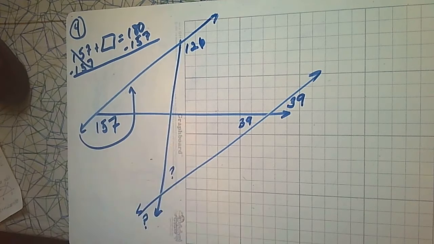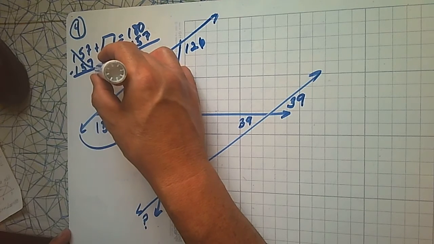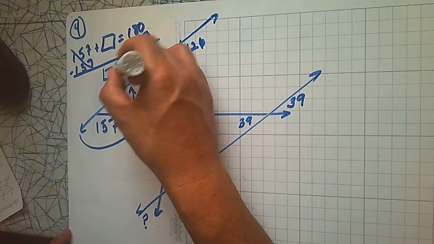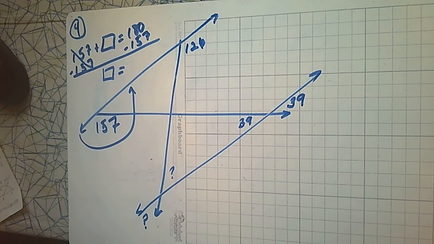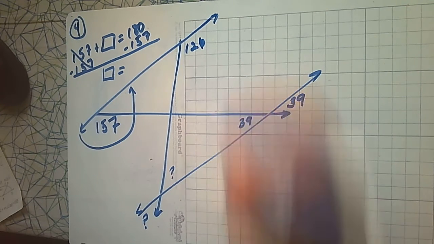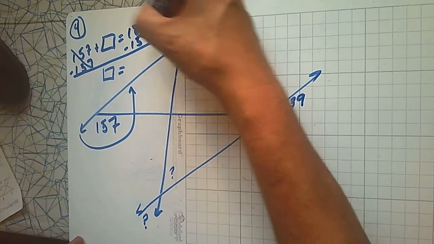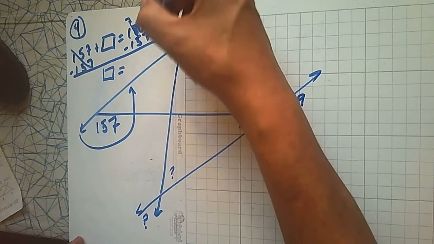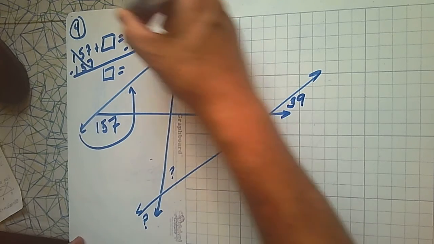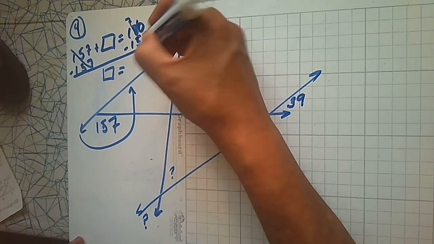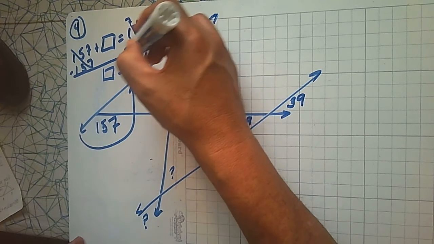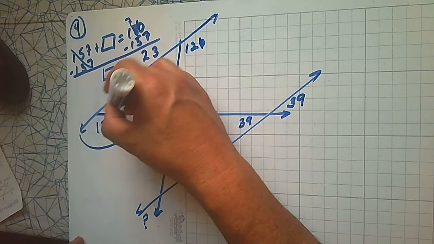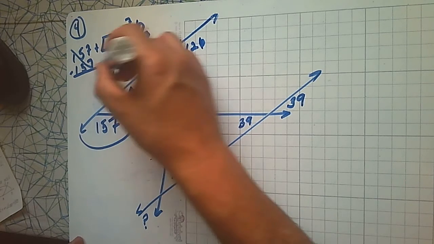These are opposites, they will cancel, so the angle that I'm looking for will be 180 minus 157. 0 minus 7, I can't do it, so I need to borrow. That'll be a 7, and this will be a 10. 10 minus 7 will be 3. 7 minus 5 will be 2. And 1 minus 1 is 0. So this is 23.